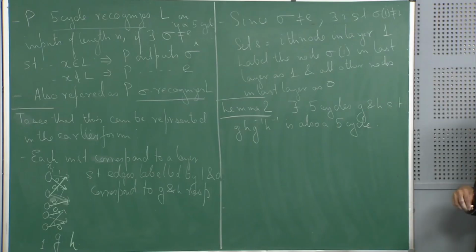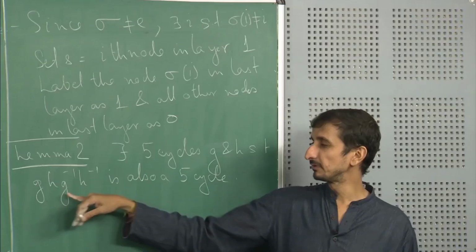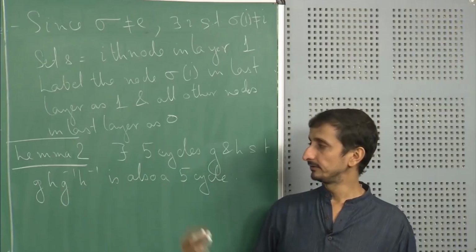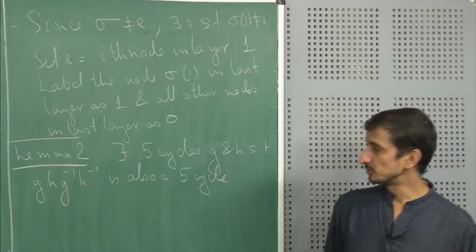Okay. So, two permutations that are 5 cycles exist. This is also called the commutator of these two elements in group theory. This is also a 5 cycle.